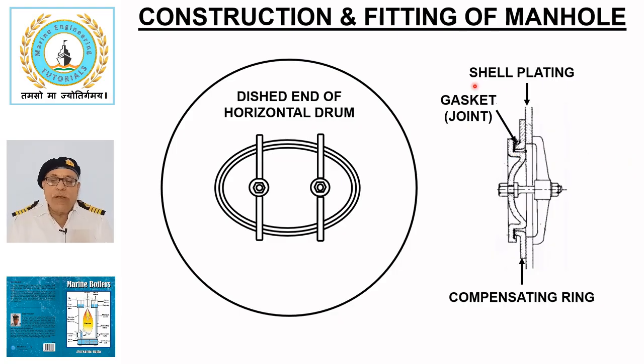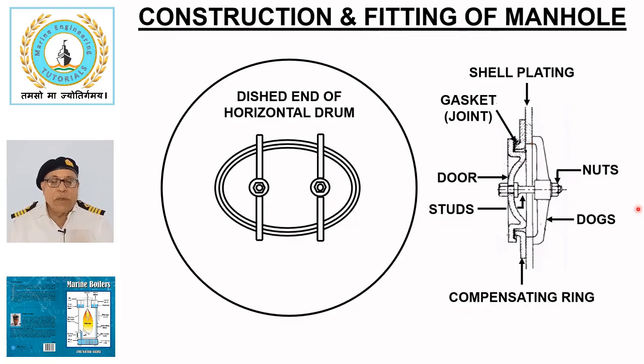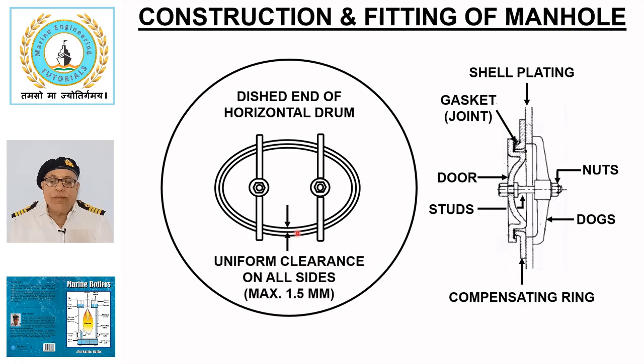A gasket is provided between the landing face and door to prevent steam leakage. The door is attached with two studs to secure it with the help of dogs tightened by the nuts. A uniform gap should be provided on all sides to provide expansion and contraction allowance between the manhole cover and compensating ring.